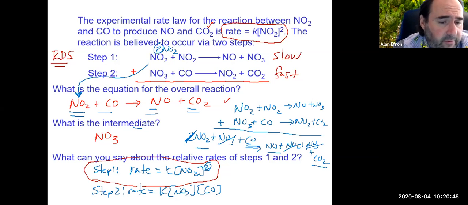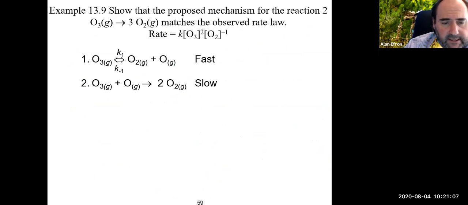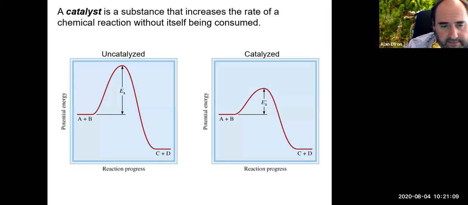And you can propose possible mechanisms for the way that these reactions occur. And you could prove whether or not a mechanism is a possible mechanism based on the rate determining step, which is your slow step, and the rate law for that one versus the rate law that's found experimentally. All right, so we're just going to skip these other mechanism type problems.